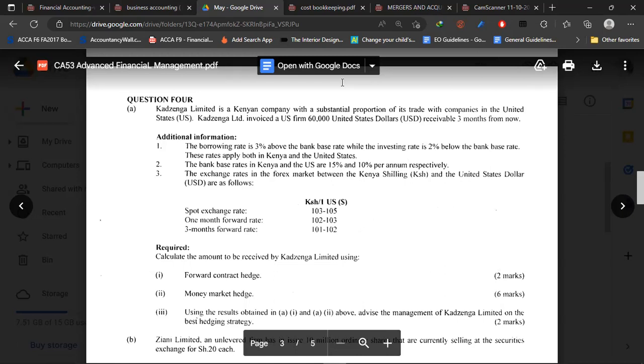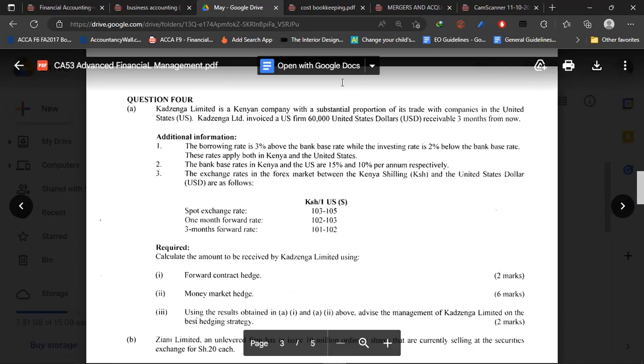3. The exchange rates in the forex market between the Kenyan shilling and the United States dollar are as follows. We have Kenya shilling into $1 US, spot exchange rate 103 to 105, 1 month forward rate 102 to 103, 3 months forward rate 101 to 102.